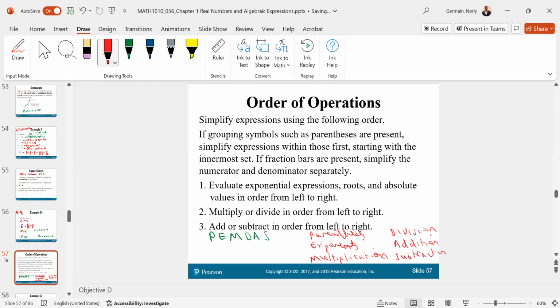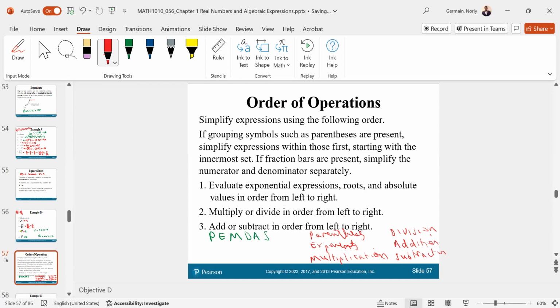So if grouping symbols such as parentheses are present, simplify expressions within those first, starting with the inner set. If fraction bars are present, simplify the numerator and denominator separately. Evaluate exponential expressions, roots, and absolute value in order from left to right. Multiply or divide in order from left to right.